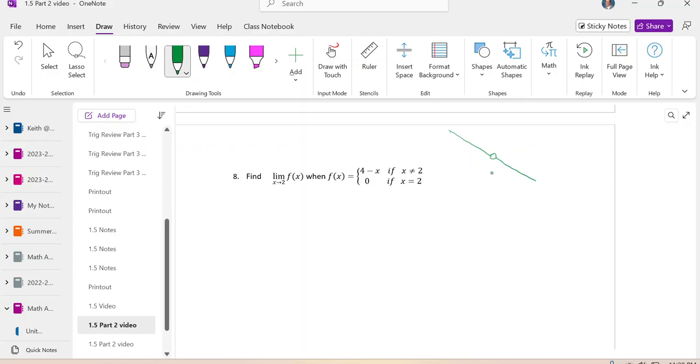And then basically you're going to have a point. So if you look at it, the limit as x approaches 2 here, it's going to go towards whatever 4 minus x is. So 4 minus 2 is equal to 2.